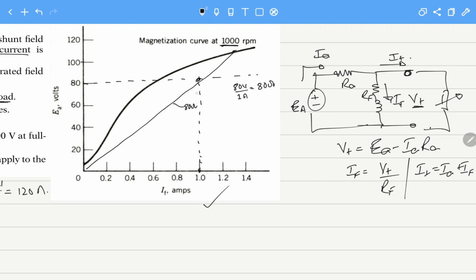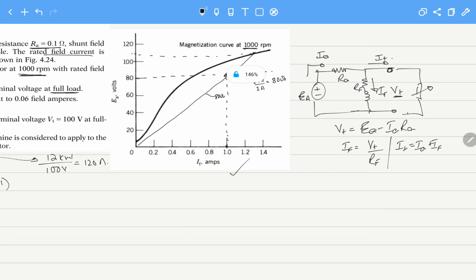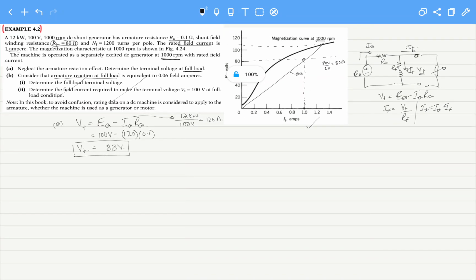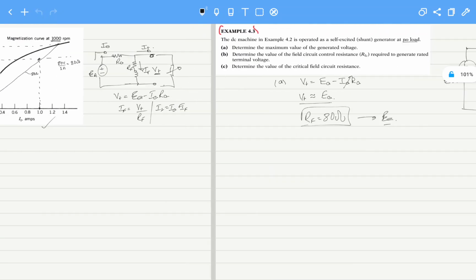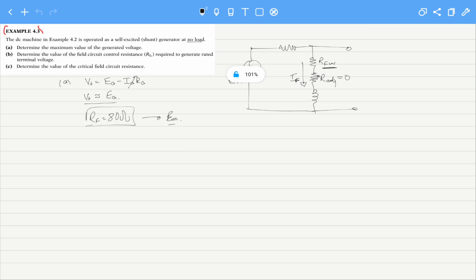This is the 80 ohms line, and where it intersects the curve the voltage is approximately 111 volts. So the maximum internal voltage that will be generated is 111 volts.